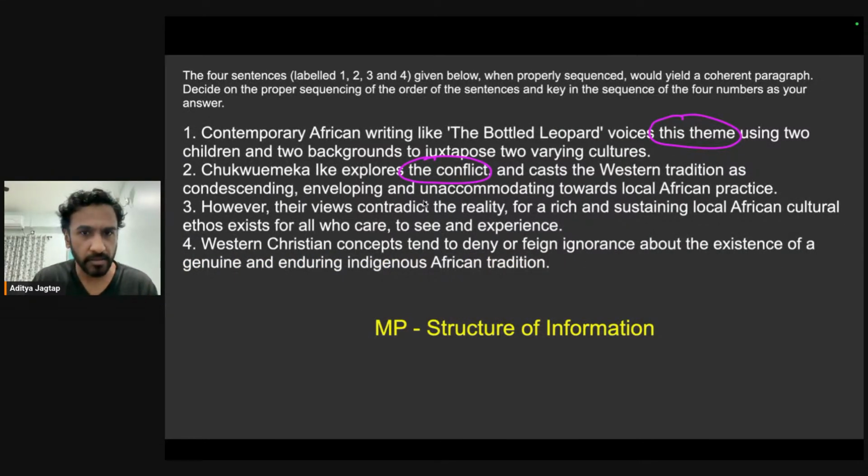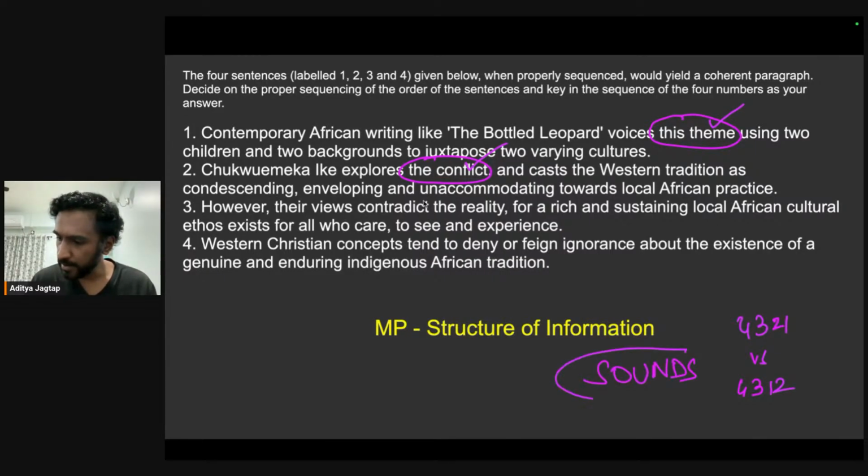And in this case, in the parajumble odd question, my approach is evidence based. It's not based on how I feel 4-3-2-1 sounds versus 4-3-1-2 sounds. Many students solving the questions might end up thinking that is a good approach. It's not.